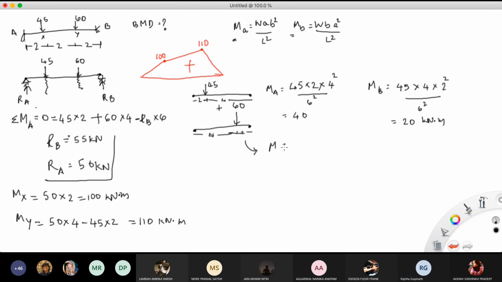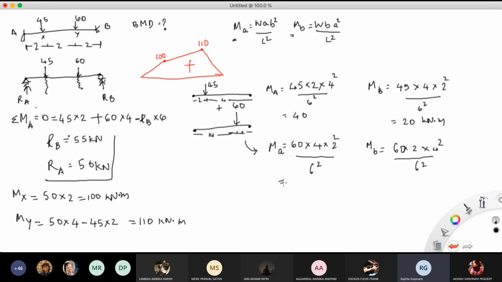MA is equal to 60 into 4 into 2 squared divided by 6 squared, and let me just write MA here. And MB is equal to 60 into 2 into 4 squared divided by 6 squared.